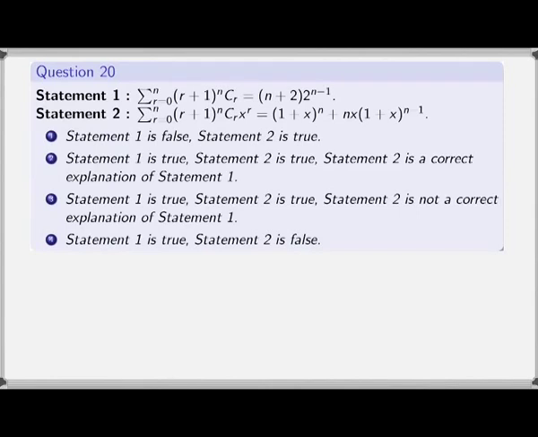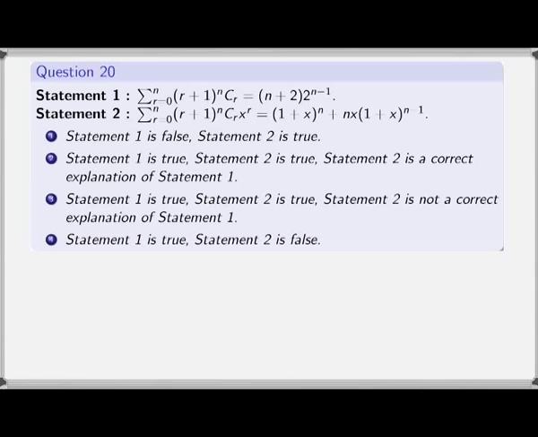This is our question number 20. We are given here two statements. The first statement is sum from r is equal to 0 up to n, r plus 1 into nCr is equal to n plus 2 into 2 to the power n minus 1.